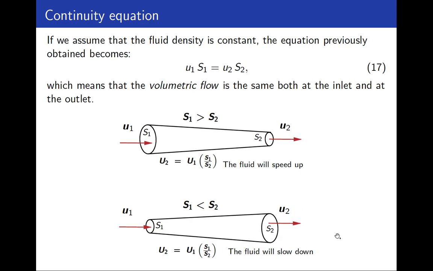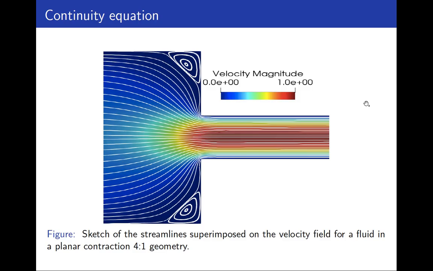Those are just some typical examples, but the continuity equation is also very important in CFD because it allows us to simulate flows in complex geometries and helps us to satisfy different conditions. For instance, here we have a contraction geometry, an example of a planar 4-1 channel geometry, which means that we have a big channel which has a height 4 times bigger compared to the height of this smaller channel.